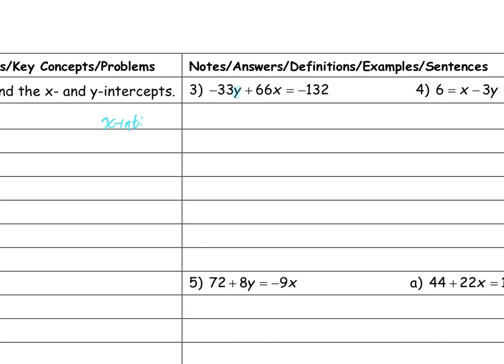So I've got negative 33 times 0 plus 66x equals negative 132. So 66x equals negative 132. Divide by 66. I think that means x is going to equal negative 2. Okay? So my x-intercept should be negative 2, 0.